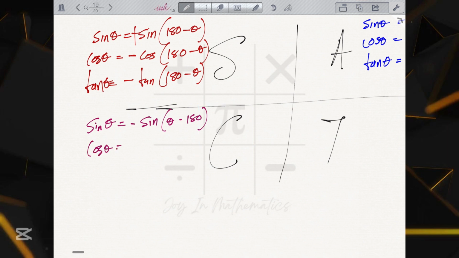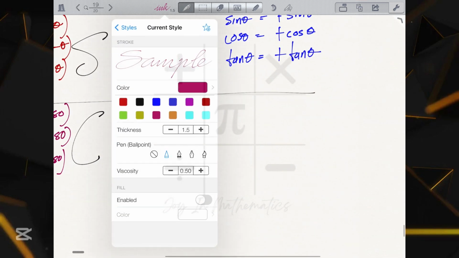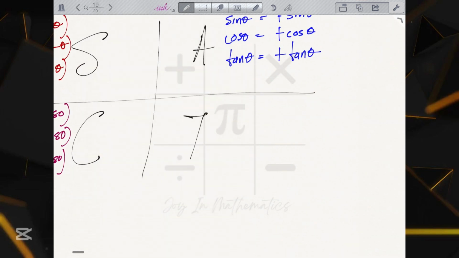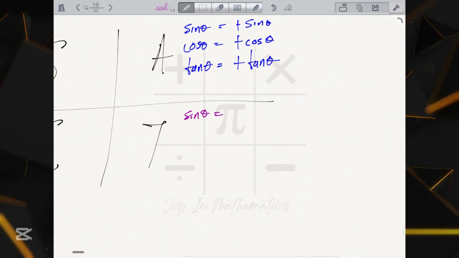Cos theta is positive, the cosine of the acute angle, and tan theta will be the tan of the relative acute angle, theta minus 180, and it is negative in the third quadrant.